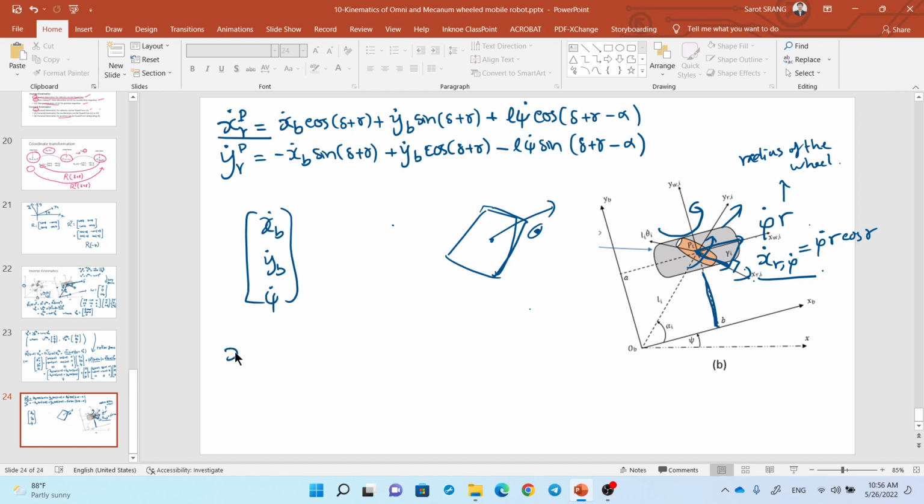So we have h dot p R equal to h dot R contributed by the motor.